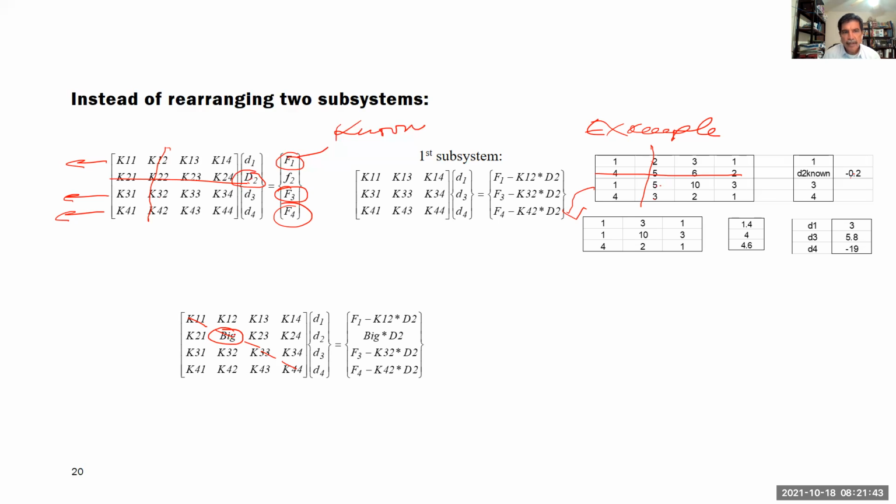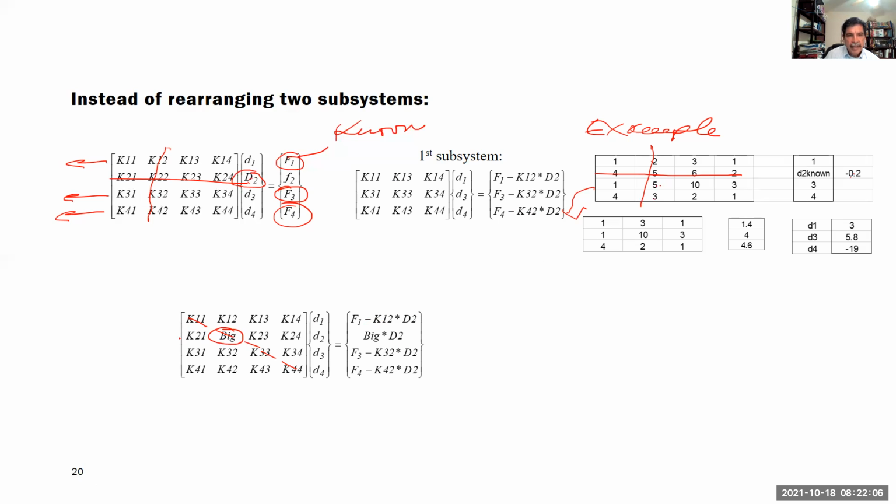Now let's leave the 4 displacements as if they were unknown. And here, I have the same big value times D2. D2 is the value that we know.